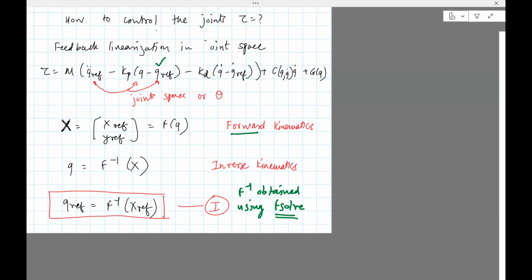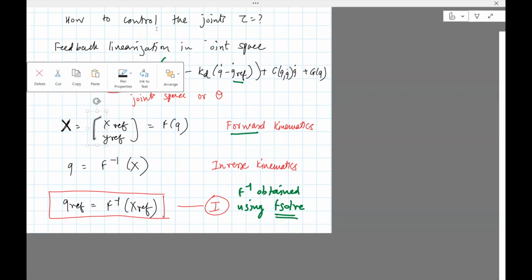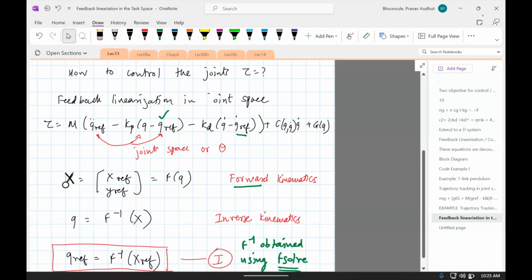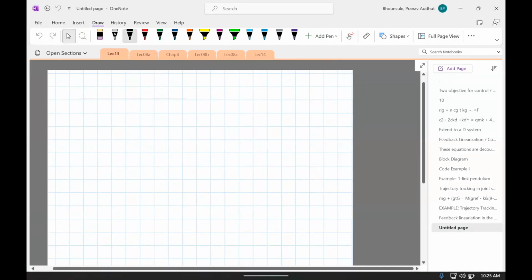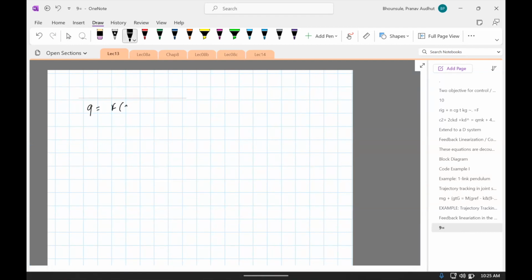We also need q dot, and we need q double dots. How do we get that? So we can actually extend this idea to get the other things. Here is how we do it. We know that capital X equals f of q. Okay, so what we can do is take the derivative of x with respect to time. That's df dq times q dot, using the chain rule.